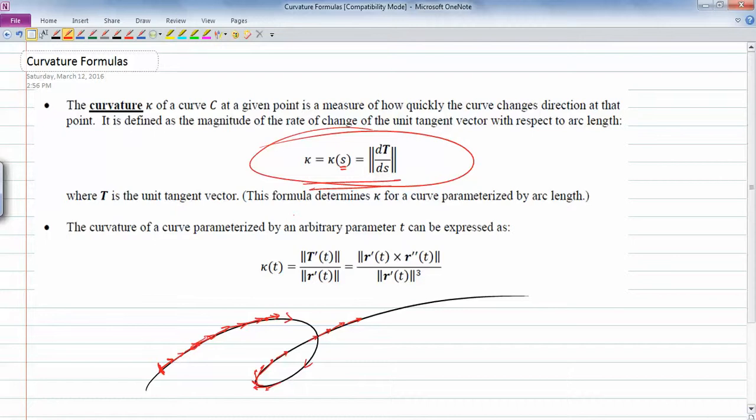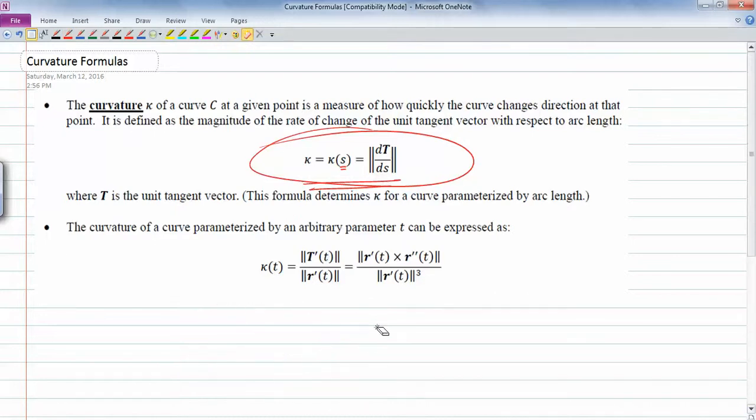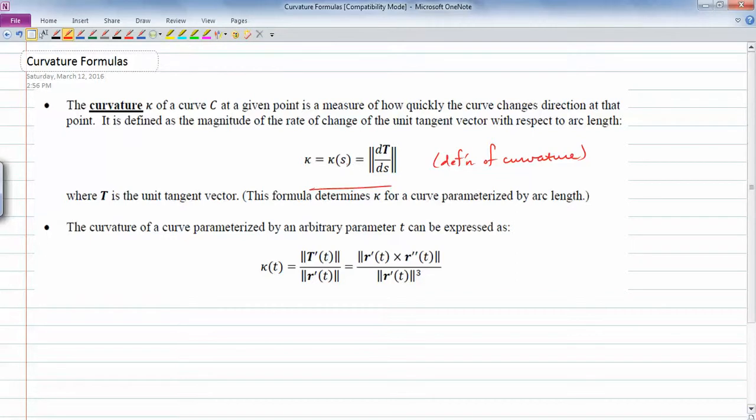Okay. So let me get rid of this down here. And now it turns out there are two other formulas. So this one's the definition of curvature. There are two other definitions, and this one requires you to know what T of S is, because we're looking at T prime in terms of S. Normally, you have T in terms of t and R in terms of t.